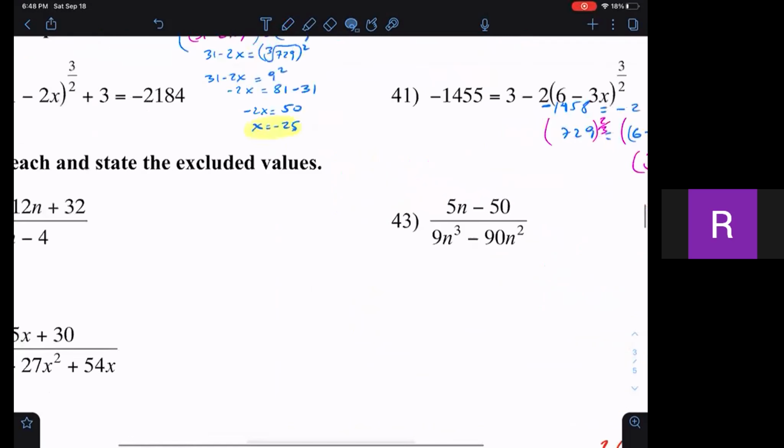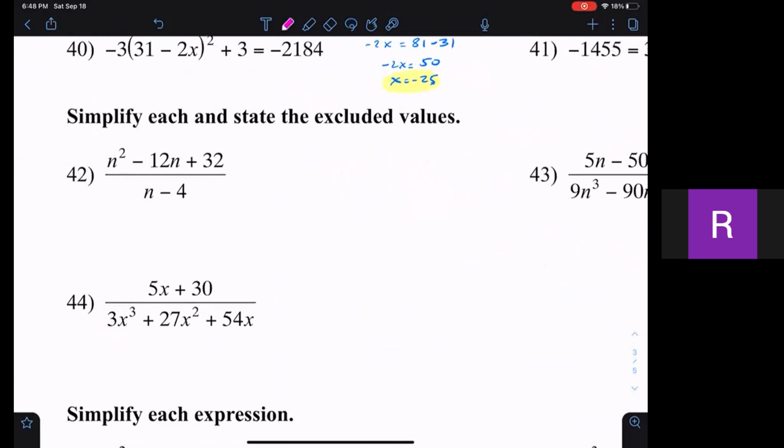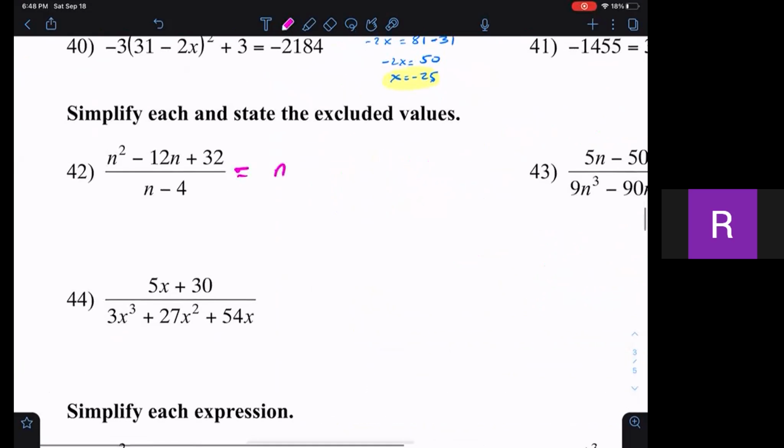Almost finished this thing. Simplify. So we need to factor basically. n minus a and 4, right? Yeah, that works. Actually, no, 16 and 2, right? What is the factor?